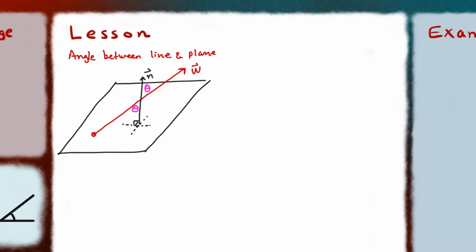We know that the dot product between n and w will equal the magnitude of vector n times the magnitude of vector w multiplied by the cosine of the angle between them. So the cosine of the angle will equal the dot product divided by the magnitude of vector n times the magnitude of w. To get the acute angle, we want the absolute value of this, because cosine of theta needs to be positive in order for us to get the acute angle.